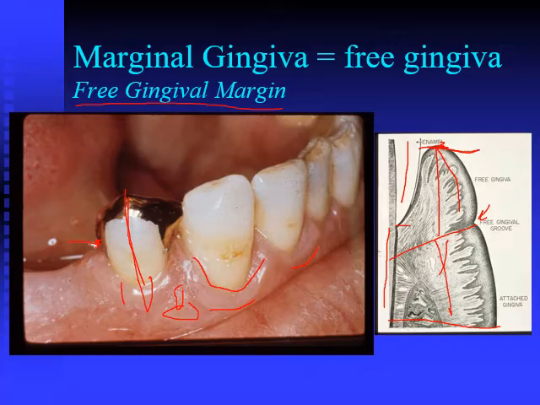Now if we go internally from the external aspects of the free gingiva, you can see that the free gingiva is held in tight approximation to the enamel of the tooth, but there is a little space there which is called the gingival crevice.